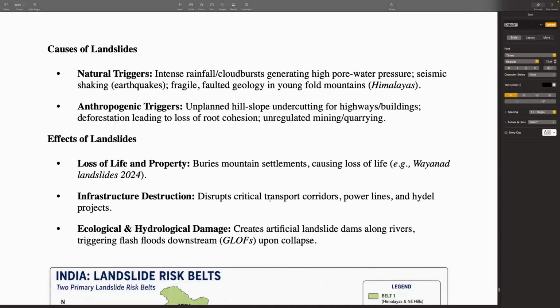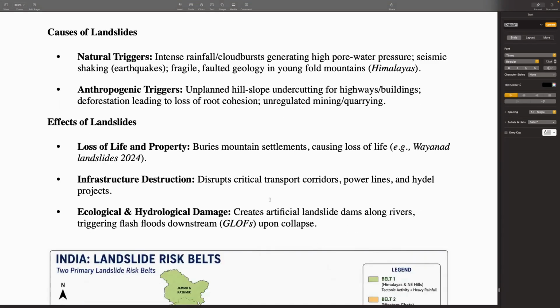Causes of landslides. Natural triggers: intense rainfall, cloudburst generating high pore water pressure. Seismic shaking, earthquakes, fragile, faulted geology in young fold mountains, Himalayas. Anthropogenic triggers: unplanned hill slope undercutting for highways, buildings, deforestation leading to loss of root cohesion, unregulated mining and quarrying.